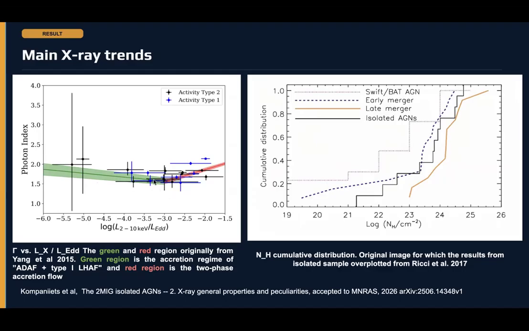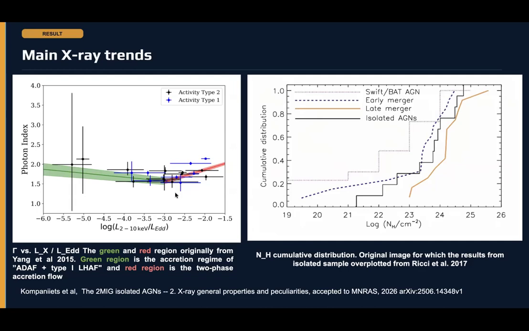The green is the accretion regime which, according to ADAF and type 1 LHAF, is a one-phase accretion flow. And the red here is a two-phase accretion flow. What was also surprising for us is that these isolated galaxies don't have one single type of accretion.